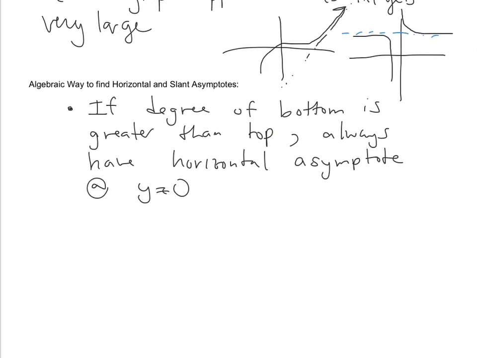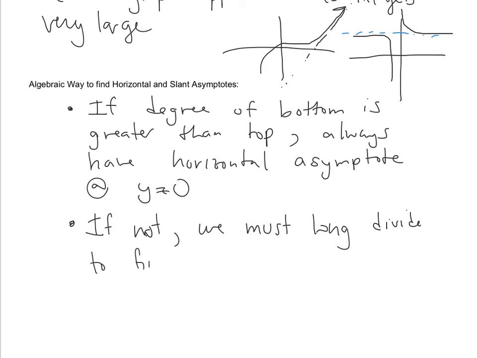Now the problem is if that's not true. If not, we must long divide to find the horizontal or oblique or slant asymptote, sometimes also referred to as an oblique asymptote.